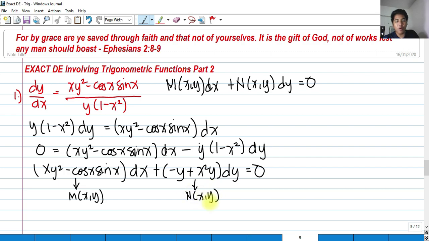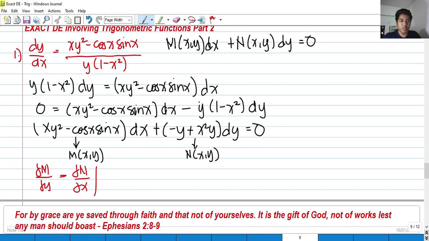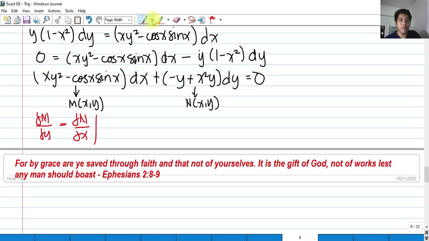And we have to perform the test for exactness. Again, the test for exactness is that the partial of M with respect to y is equal to the partial of N with respect to x. Let's try first the partial of M with respect to y. We differentiate M in terms of y, so we consider x as constant.